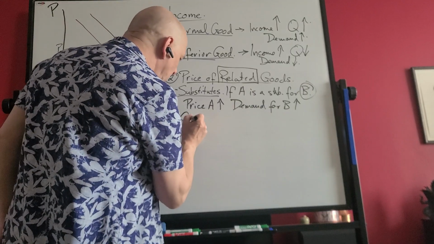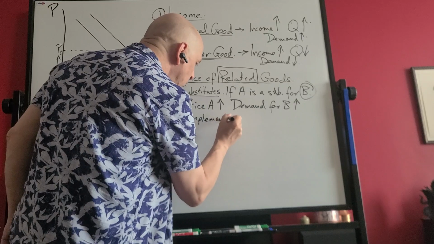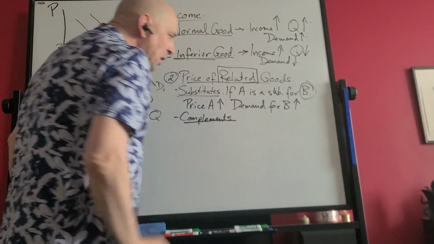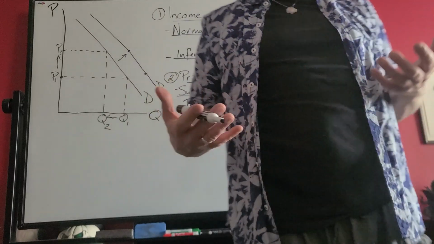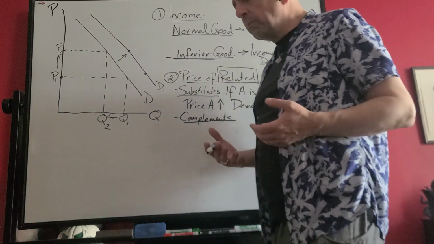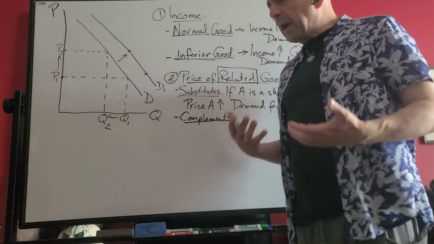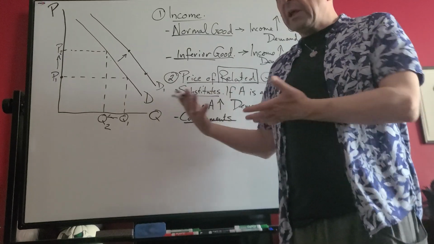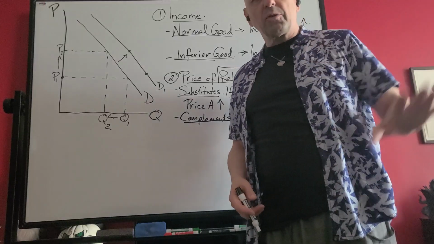And there are other goods that are called complements, right? So complements are something that goes hand in hand with something. So, for me in Canada, if I have pancakes, I want to eat maple syrup with it. There's lots of beautiful maple syrup around this region.